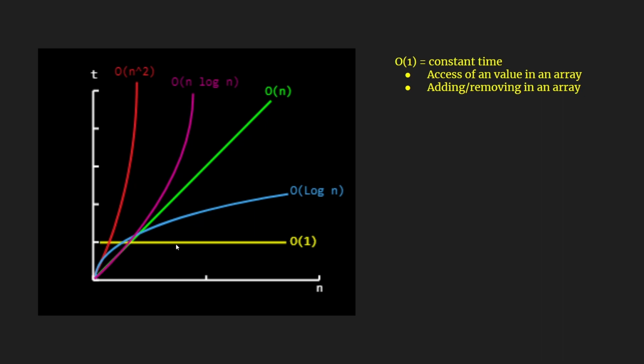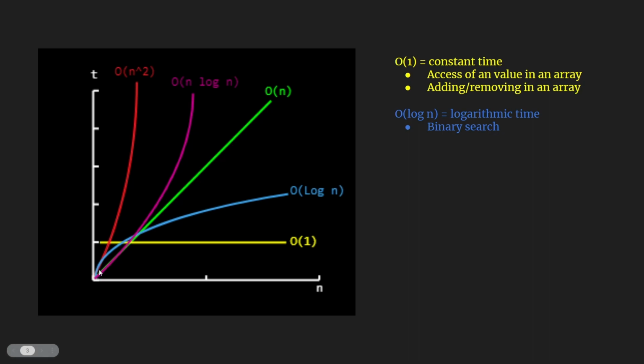So we have O of 1, which is also called constant time. These can be things such as accessing a value in an array or adding/removing in an array. Next, we have O of log n, which is also called logarithmic time. One great algorithm that we have also talked about previously on this channel is binary search.